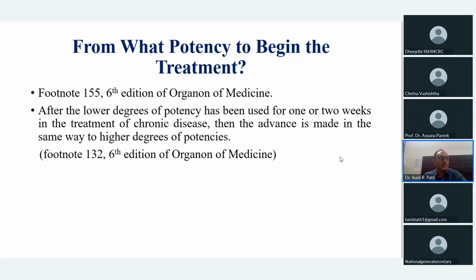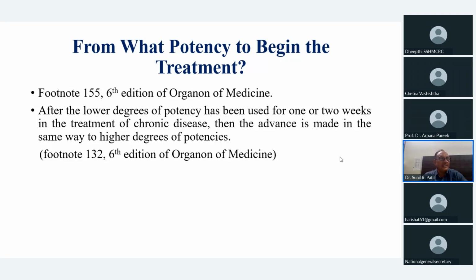As compared to the older method of dynamization, the perfect method, that is the LM1, should be the first prescription potency, and it should gradually ascend to higher degrees when you do the second prescription.